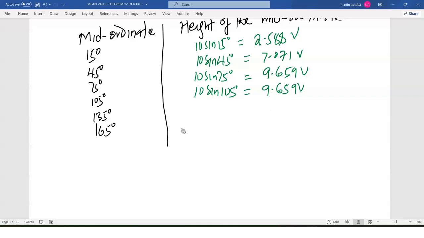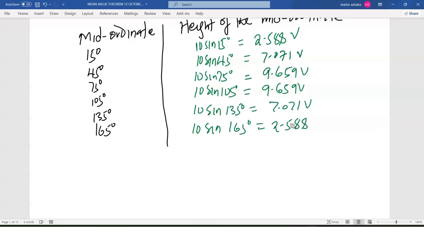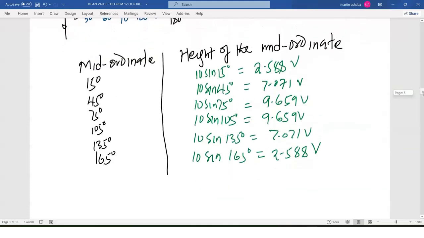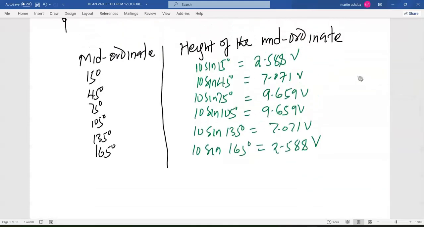Then 10 sine 135 degrees gives 7.071 volts. And 10 sine 165 degrees gives 2.588 volts. So these are the mid-ordinates.